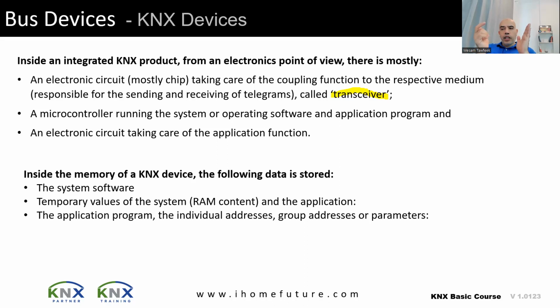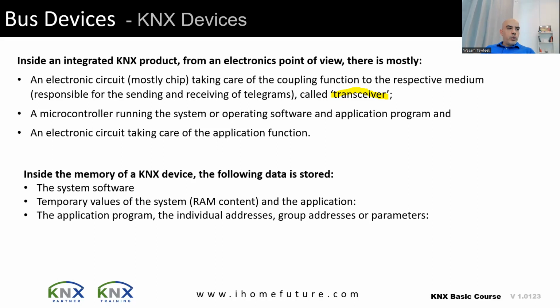So when I click on a button, for example, I'm sending a telegram from the button to the BCU, from the BCU to the KNX bus, and from the KNX bus to other systems that will control maybe lights or something, and vice versa. So the transceiver is in the BCU.